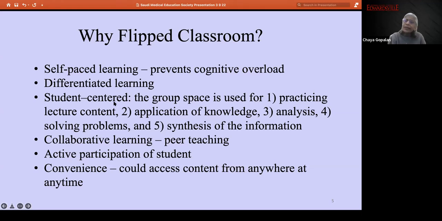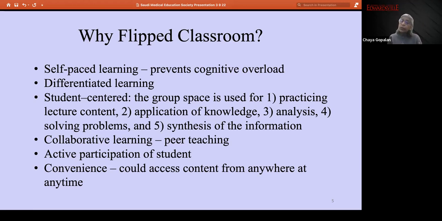Why do we say that it is student-centered? When you go to the classroom, you don't start lecturing. You say, what part of the lecture was not clear to you? And the students have to have gone through the lecture to be able to say, can you explain the process of the synthesis of thyroid hormone, T3, T4?